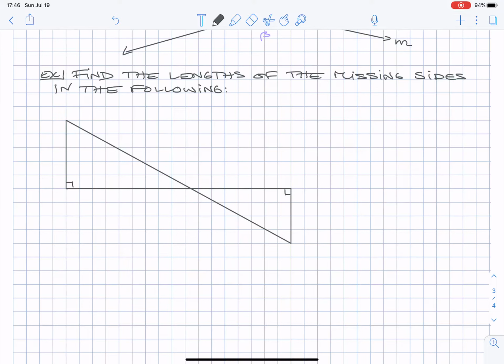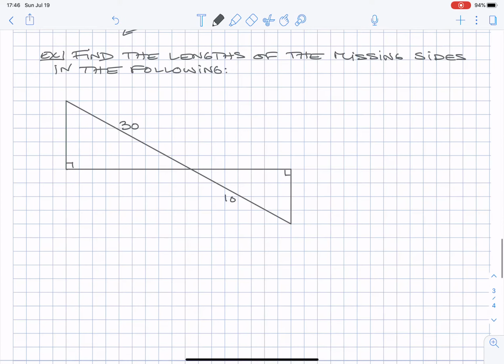I'm going to give you that this length is 30. This length here is 10. And what else should we do? Do I have enough information?